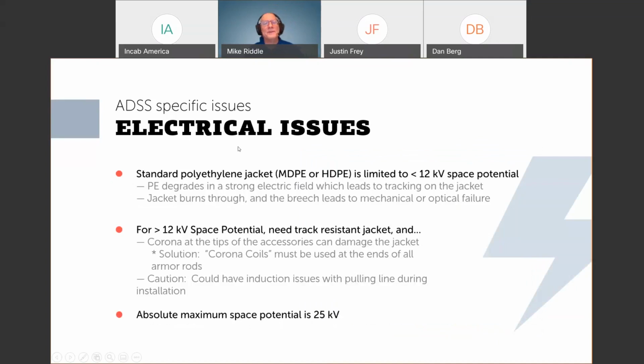Now, electrical issues. Standard polyethylene jackets, whether they're medium density polyethylene or high density polyethylene, are limited to 12 kV space potential or less. Now, some of you may be thinking, I am an electrical engineer, and some of you are also electrical engineers, and you'll say, Mike, it really should be an electric field, which would be kV per unit distance, like kV per inch or kV per meter or whatever.